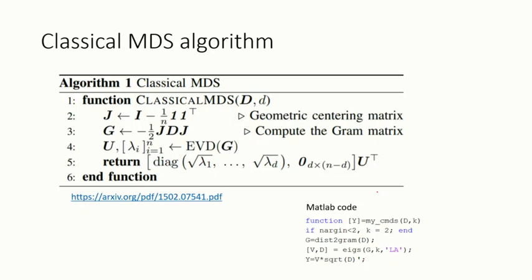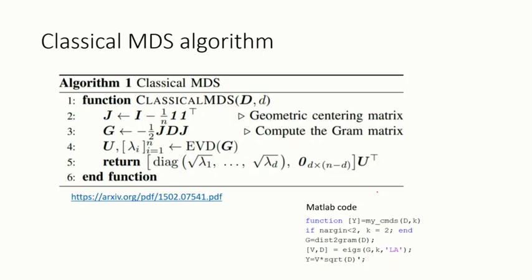So this is the so-called classical multi-dimensional scaling. And this function takes a Euclidean distance matrix as an input because you know the distance from one city to another.